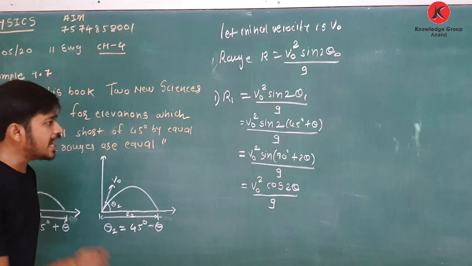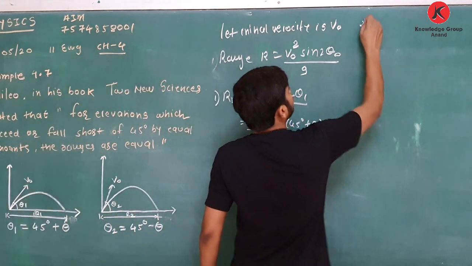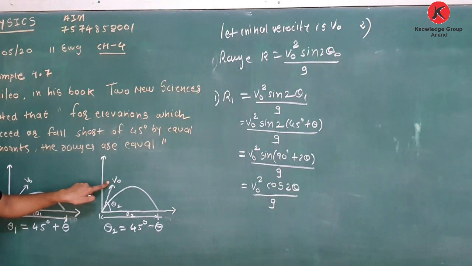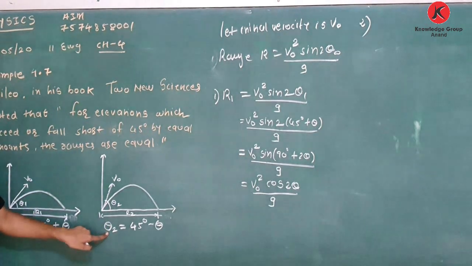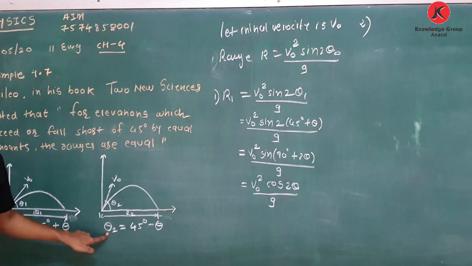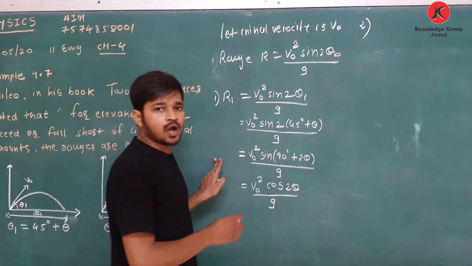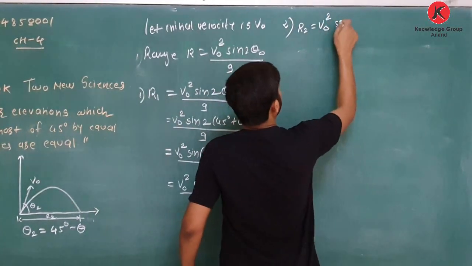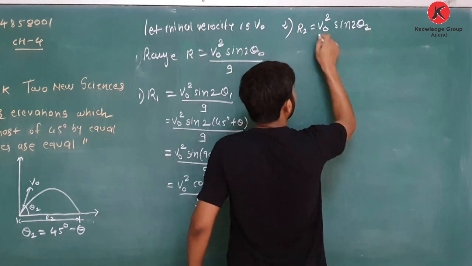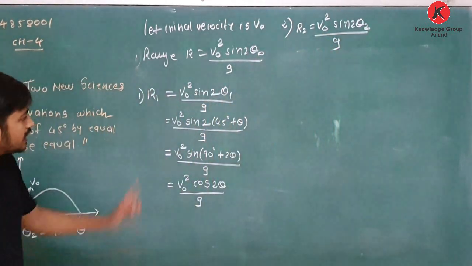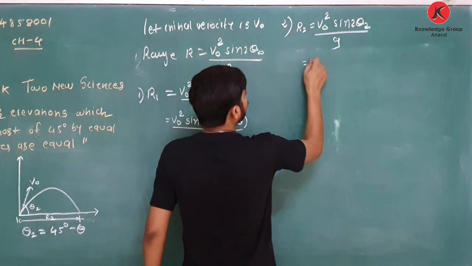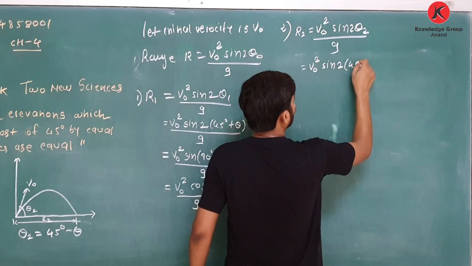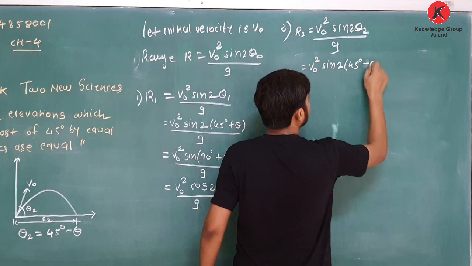Clear about this? Now for the second case, see, in the second case the initial velocity is v0. What is the angle? It is theta 2. Then how to write? R2 is equal to v0 square sine 2 theta 2 divided by g. Now put the value of theta 2, 45 degrees minus theta.